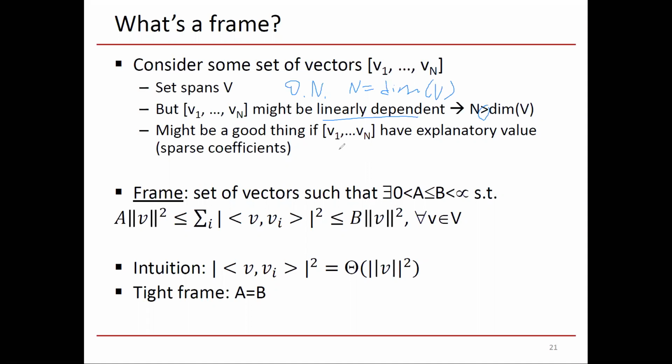So imagine that for an orthonormal basis, you'll have dim of V elements, which is equal to n over 2. And now suppose a frame, we have not yet defined a frame, but bear with me here. Suppose that with a frame, you have n elements.